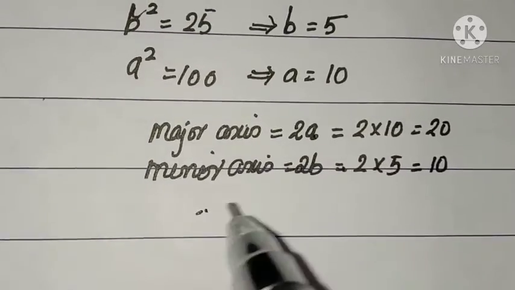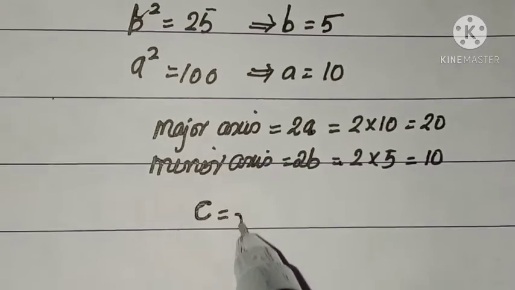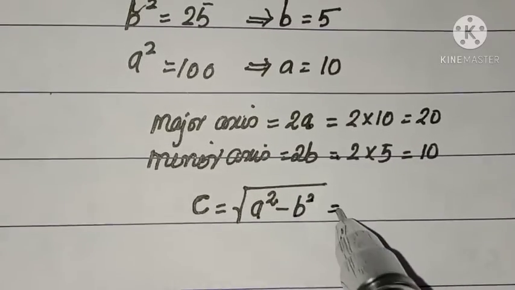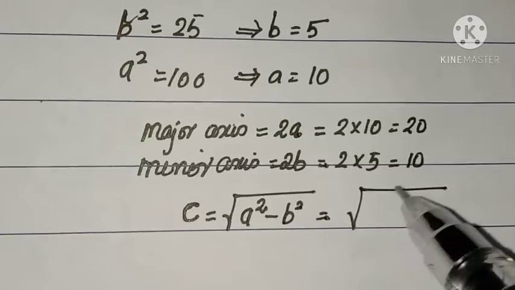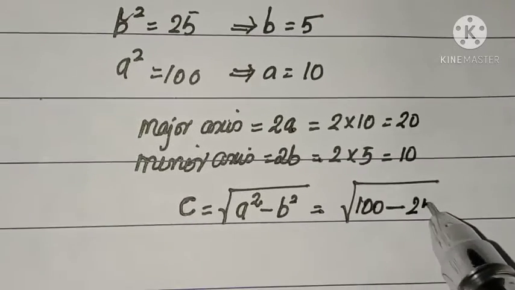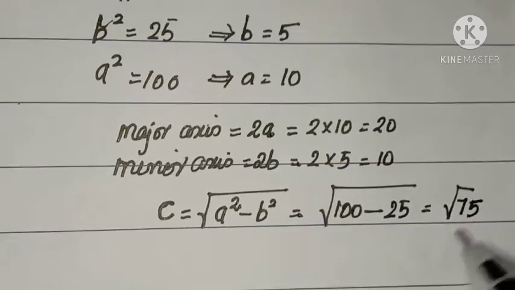Now we want to find the foci. To get the foci, first we need to find c. c = √(a² − b²) = √(100 − 25) = √75.